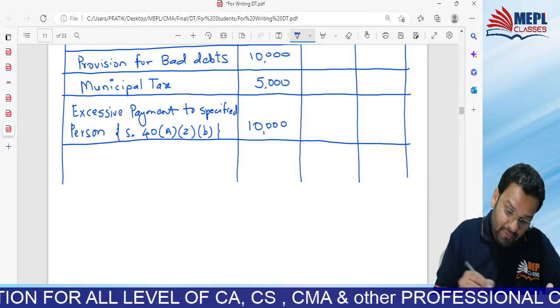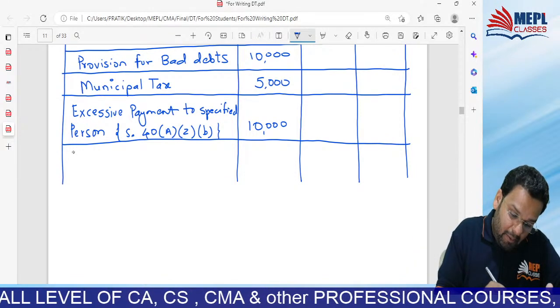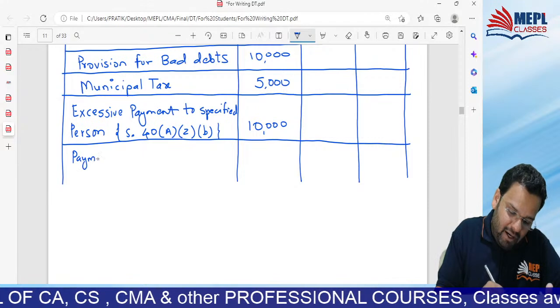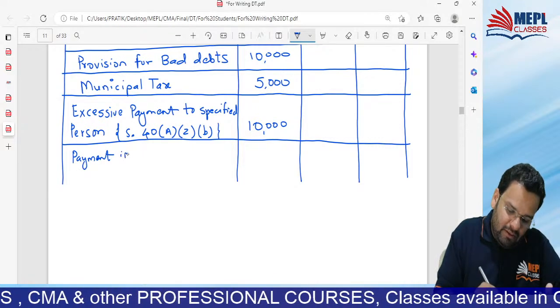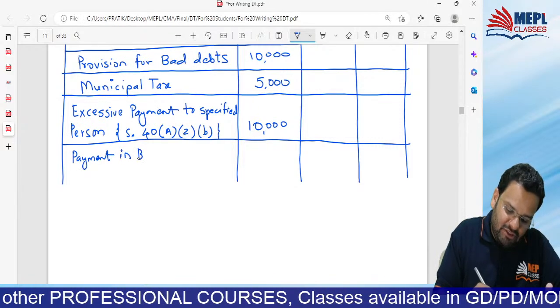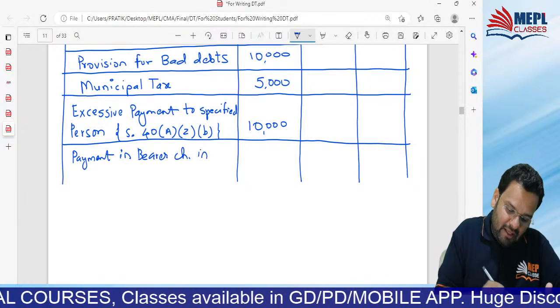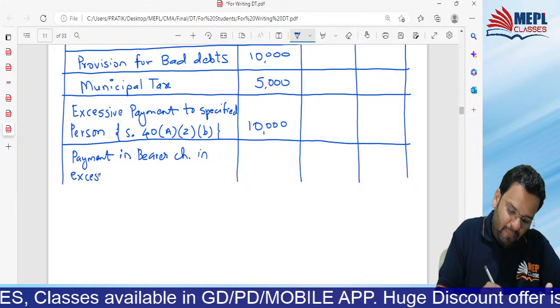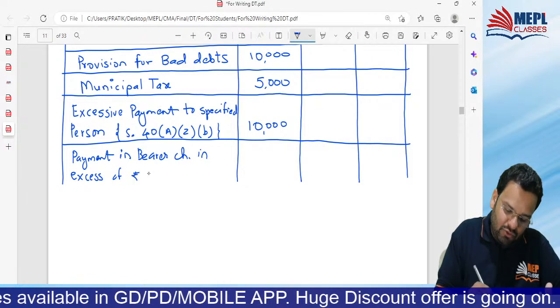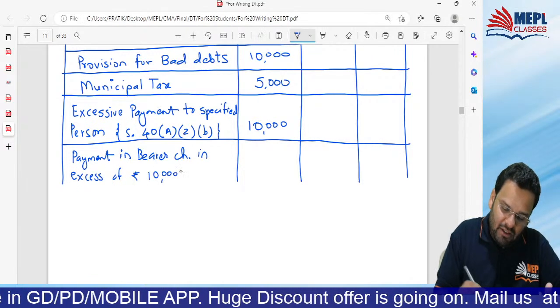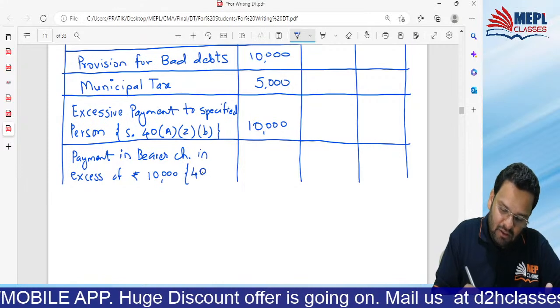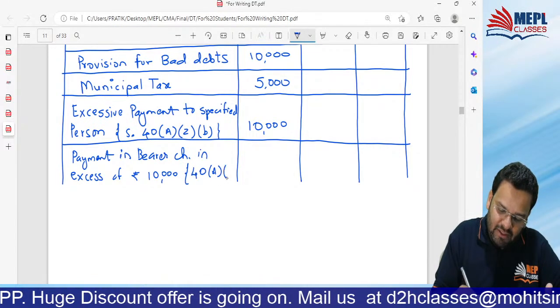And for payment in bearer check in excess of 10,000, of course on a single day to a single person, it's 40A(3).